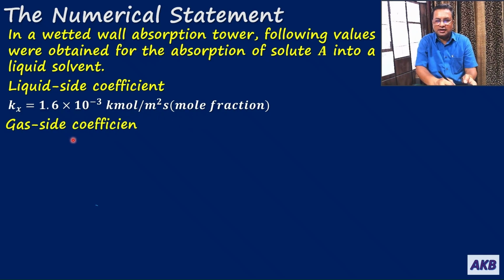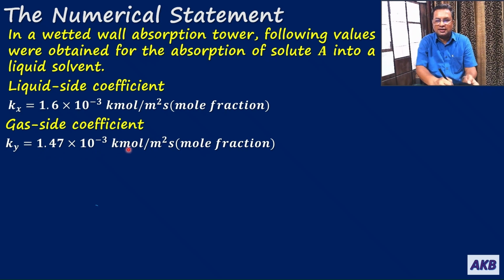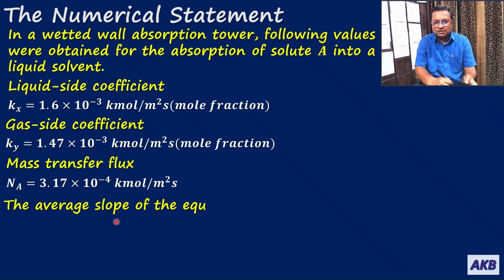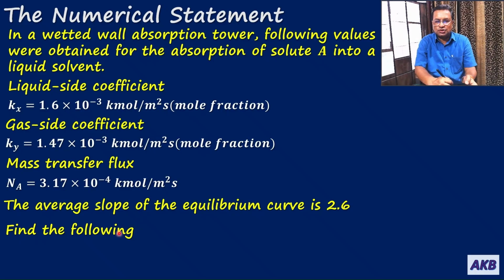The gas side individual mass transfer coefficient was obtained as Ky is equal to 1.47 into 10 to the power minus 3 kilomole per meter square per second per mole fraction. Then the mass transfer flux was also obtained. The value is Na is equal to 3.17 into 10 to the power minus 4 kilomole per meter square per second.